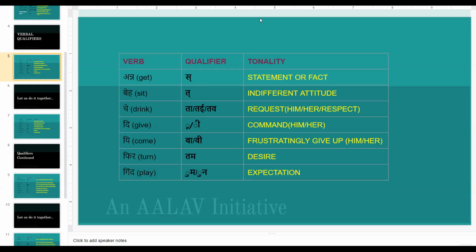Now the third one: yita. You're requesting that person. Yitai, it's a girl, feminine.